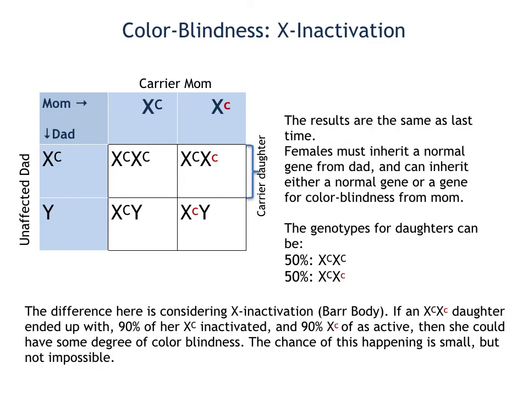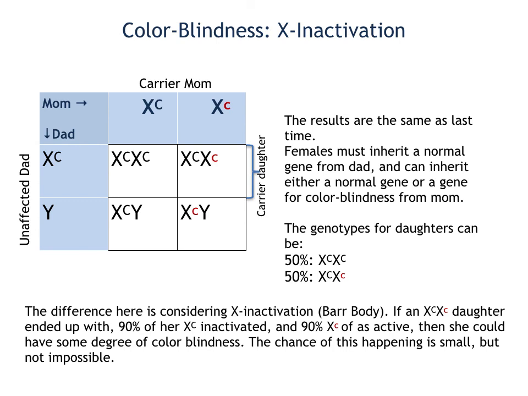All right, so we have our mating in which our carrier mom can either donate the normal chromosome, the X with the normal allele for the color blindness gene, or Mom can donate an X chromosome that has the abnormal gene on it. We're talking about daughters right now, so we can really completely ignore the whole bottom row where a Y chromosome was inherited.